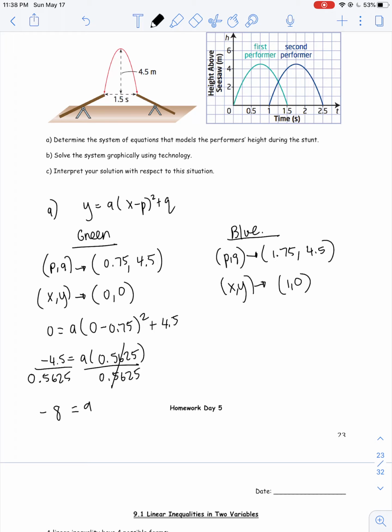Once we have this value right here, we know that it's going to be the same thing for the other graph as well.